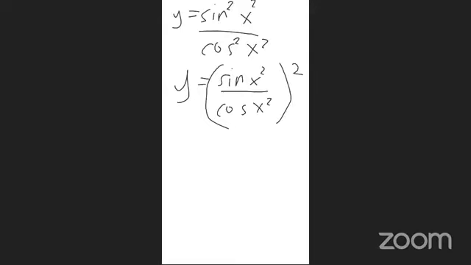Right? Nang kani siya, unsa yung makita ninyo nga identity, di ba tan? So pwede ni siya y is equals to tan x squared. Nang kana, makuha na ninyo ang derivative ani niya.